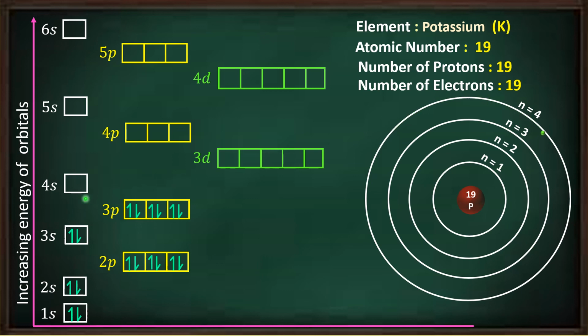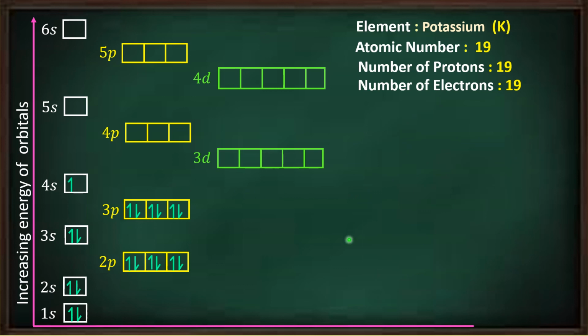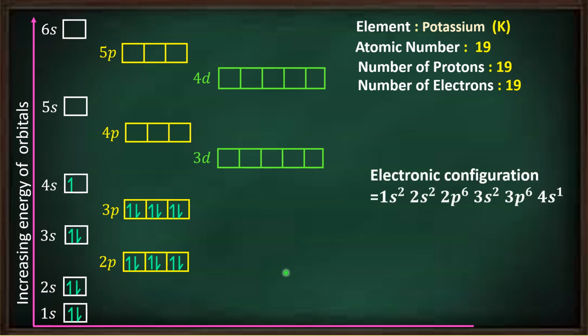That is, the energy of 4s is less than 3d. So the 19th electron occupies 4s orbital. So totally 19 electrons have been filled. The electronic configuration is 1s2, 2s2, 2p6, 3s2, 3p6, 4s1.